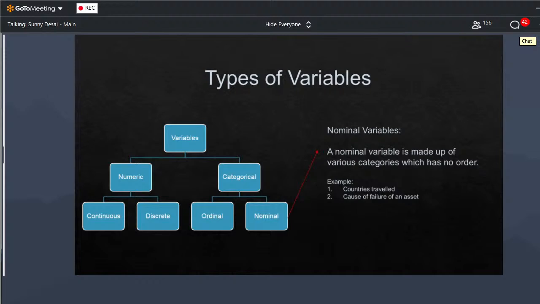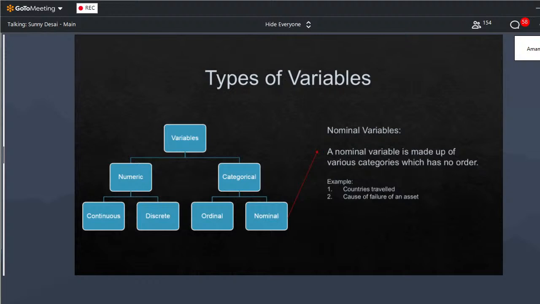Now 10 seconds: everyone write down on the chat box what the variable type of speed of vehicle is. Very good, it is numeric. Absolutely right. Do all of you think it is numeric, or does anyone believe it is categorical?